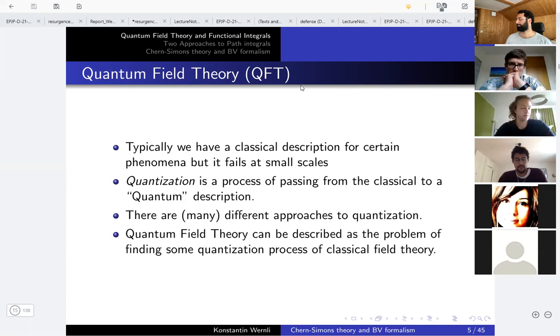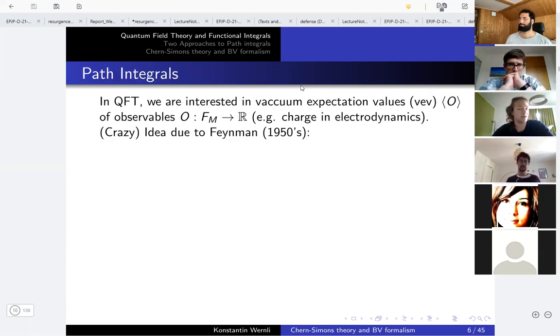And quantum field theory can be described as the problem of finding some quantization process of classical field theory. And one method to do that is through path integrals. So what we're interested in, let's say in some simplification of quantum field theory, are vacuum expectation values of observables, and observables are just some sort of functional on the space of fields, right?